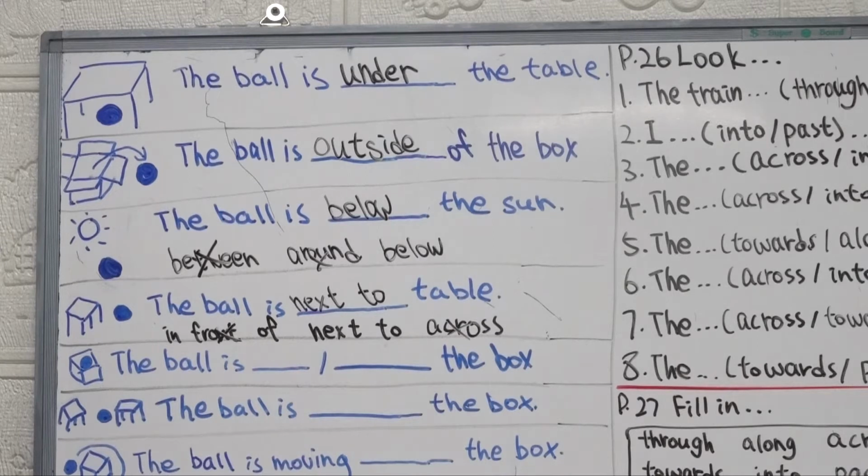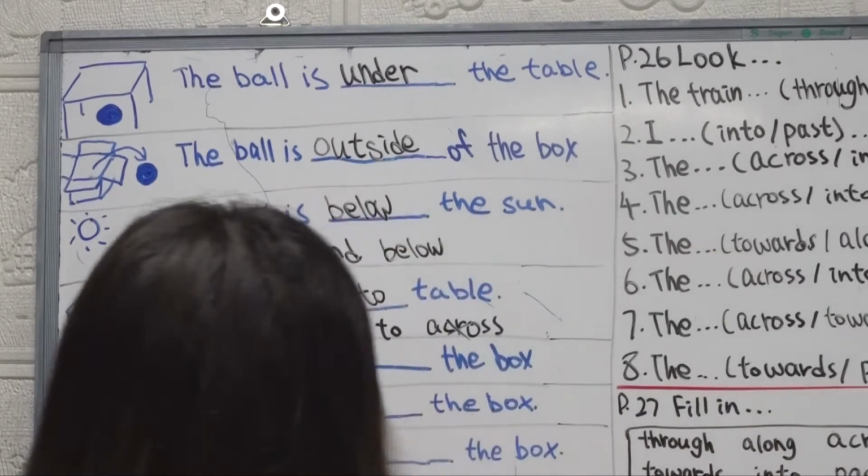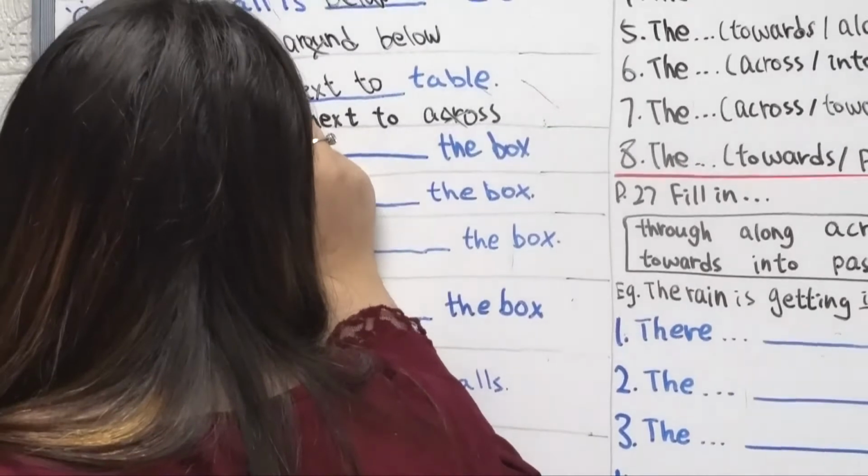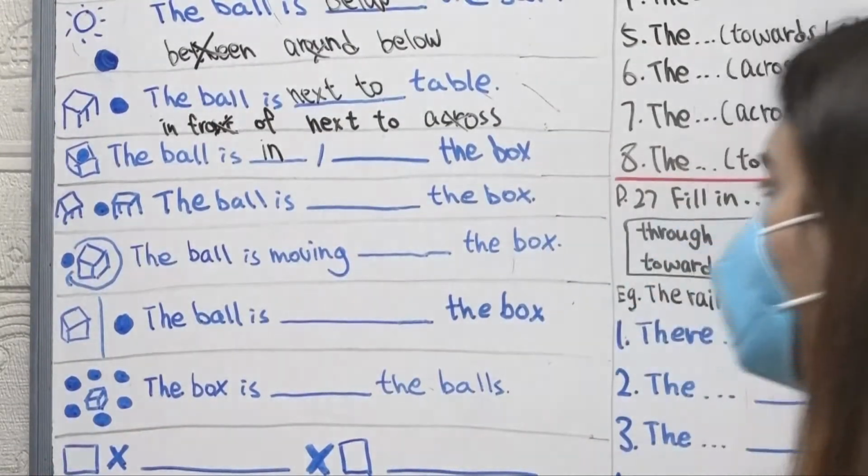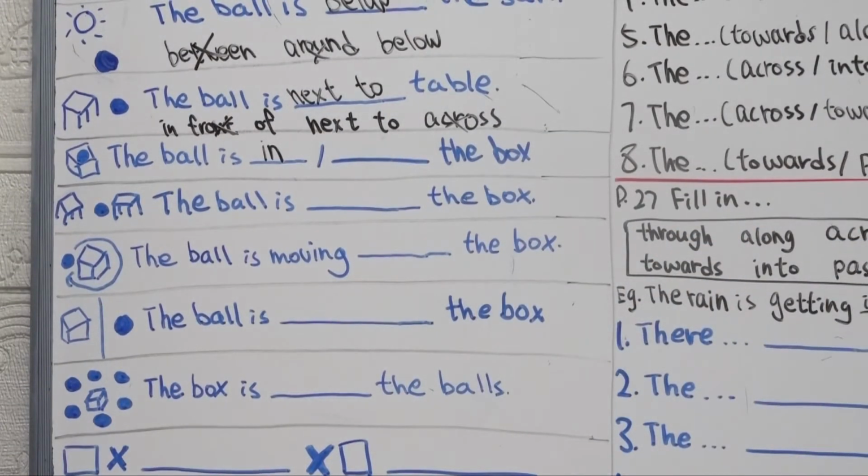Next one. The ball is what? The box. Very easy. It can be in the box. I know the first thing that comes to your mind is in the box, right? But there's one more word we have learned that has a similar meaning to in.